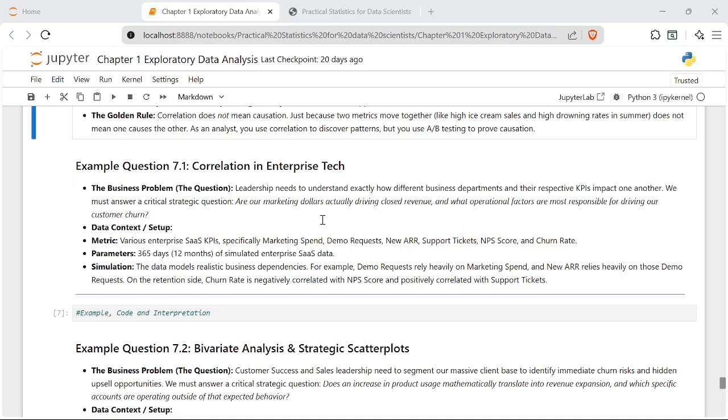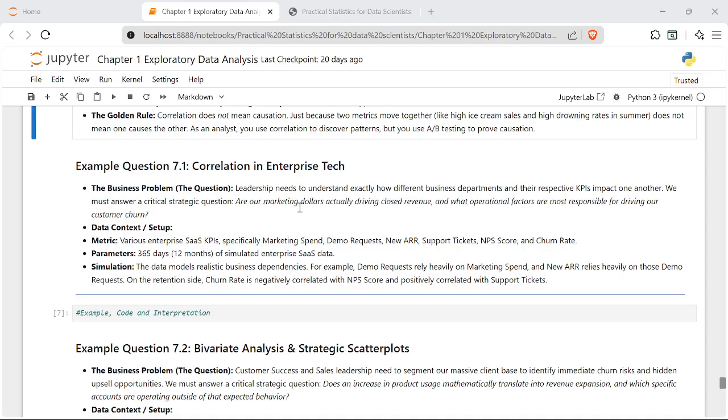We have modeled this simulation to reflect realistic business dependencies. On the growth side, you will see that demo requests are mathematically tied to marketing spend, and new ARR is realized directly from those incoming demos.